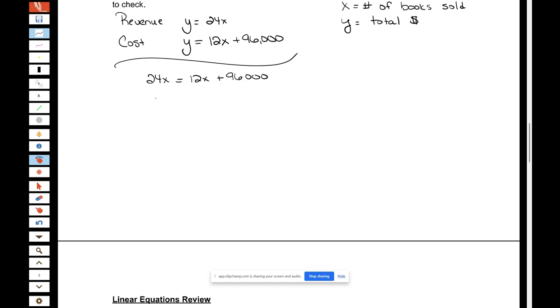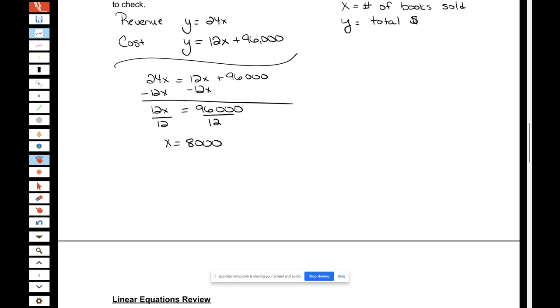Okay, so I'm going to subtract 12x on each side. I get 12x equals 96,000. Now I'm going to divide both sides by 12. So 96,000 divided by 12 is 8,000.